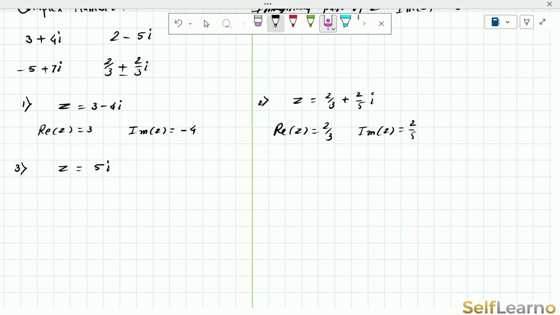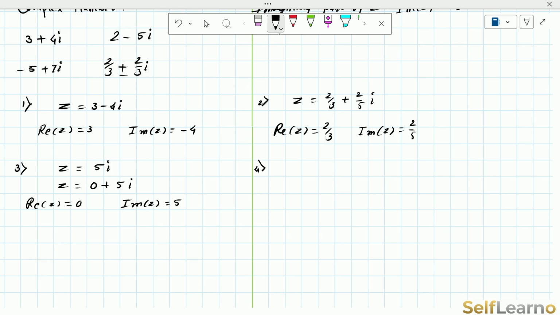So if you want to write it, you can write in this way, 0 plus 5i. So real part of z is 0 and imaginary part of z is 5. So here we conclude that if the real part of a complex number is 0, then that complex number is considered as the purely imaginary number.